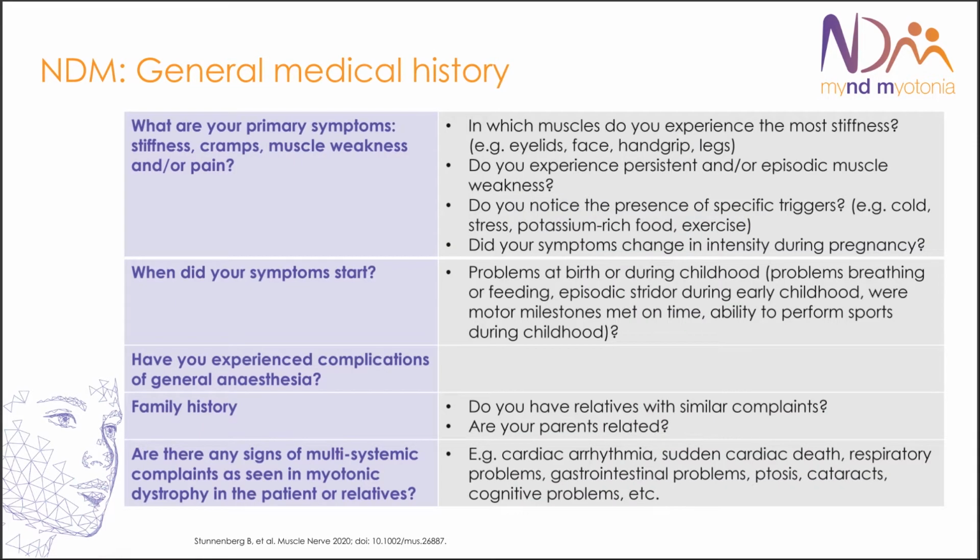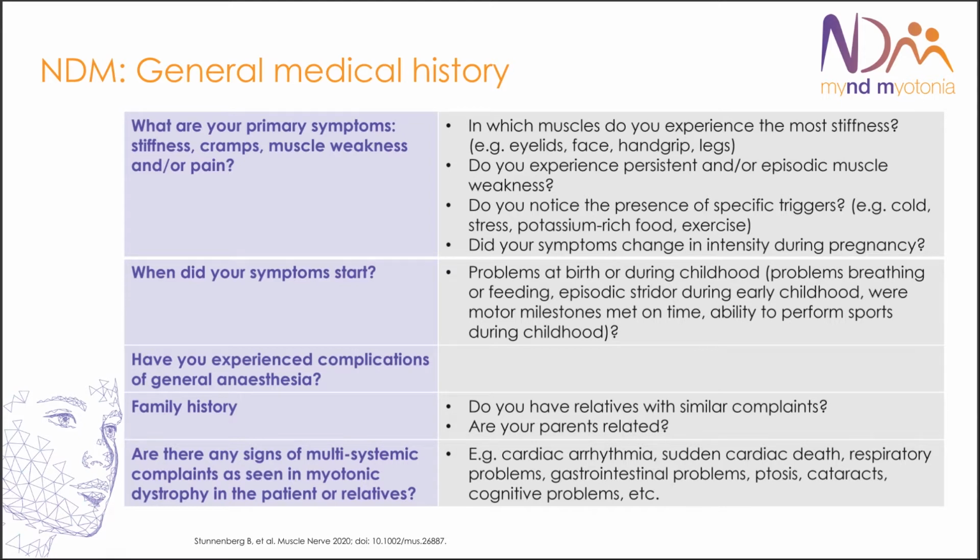But what is very important is the general medical history. When you suspect NDM, you should ask: what are your primary symptoms: stiffness, cramps, muscle weakness, and/or pain? Particularly, in which muscles do you experience the most stiffness, for example in hands, face, and grip, legs?